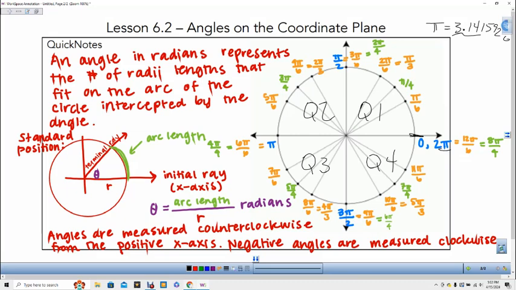Well, what is pi over 2 when we talk about something that doesn't have the pi in there? Well, take that number right there, just divide it by 2. So pi over 2 is going to be roughly 1.57. And then pi, of course, we know what it is. It's 3.14.